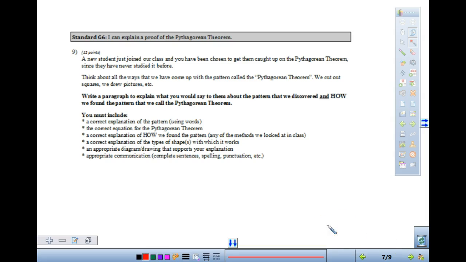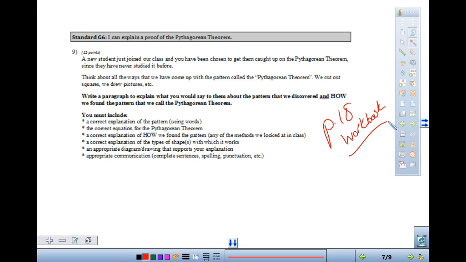So, in your workbook, turn to page 18 in your workbook. You see what I have up here?